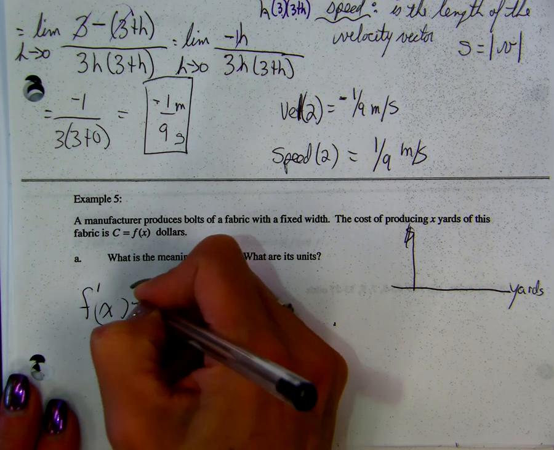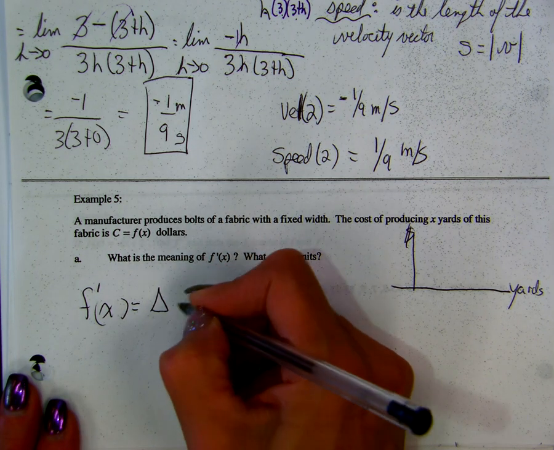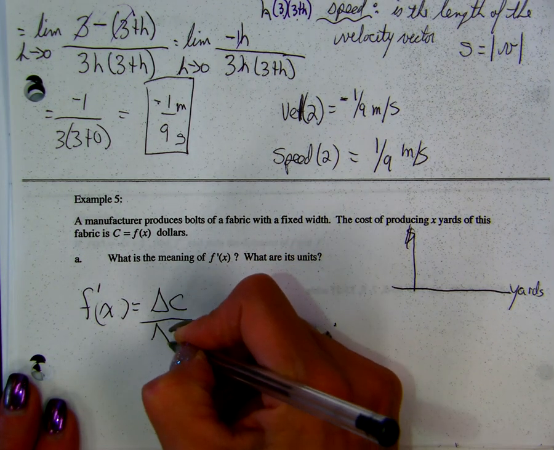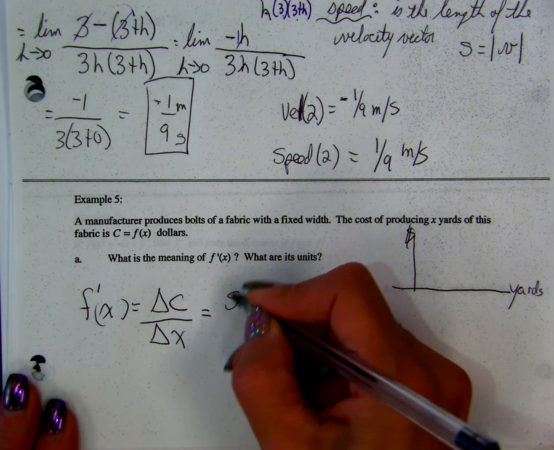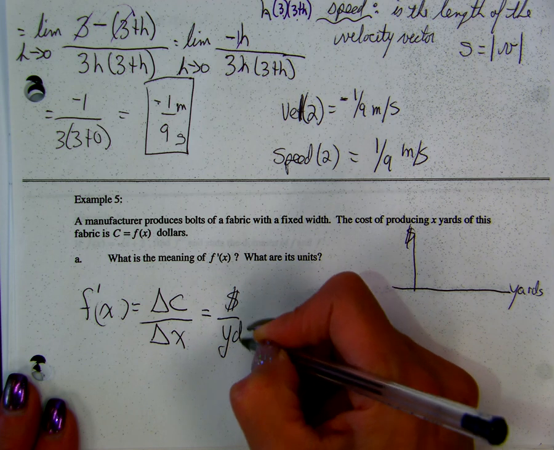So when I look at F prime of X, that is the change in cost divided by the change in X. What are the units? Dollars per yard.